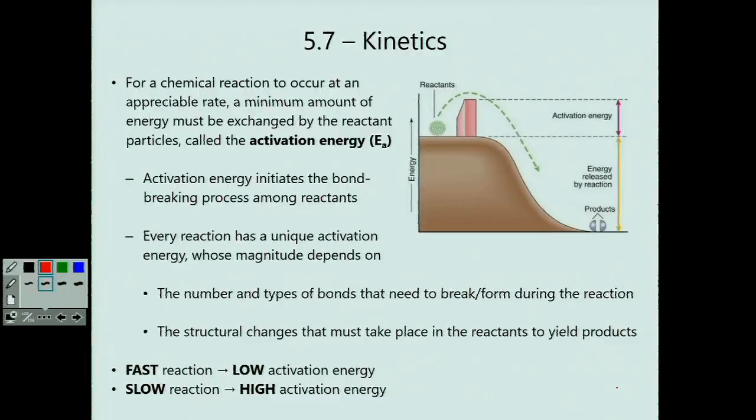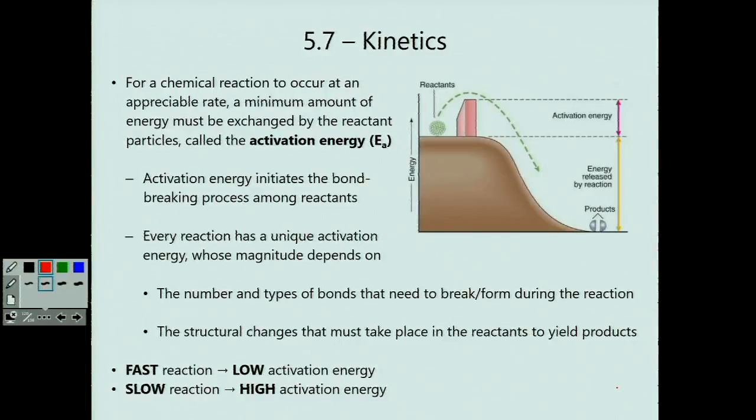So it turns out that for a chemical transformation to happen at an appreciable rate, one that you can observe and measure as you wait, as opposed to having to wait a lifetime for it to happen, there is a minimum amount of energy that must be exchanged between the reactant particles.